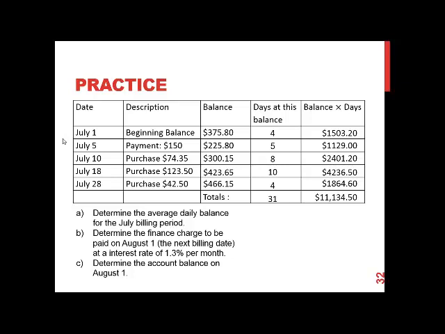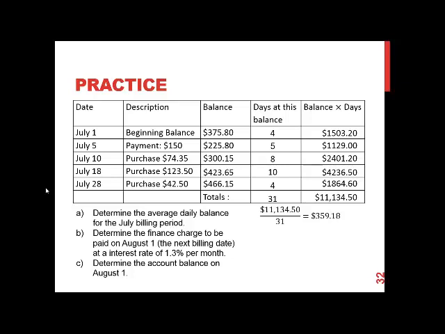To find the average daily balance, we're going to take the 11,134.50 and divide it by 31 days to get an average daily balance of 359.18. And given these amounts, from 375, dropped down for a little while, we went back up for a while, I can believe that 359.18 would be our average balance.